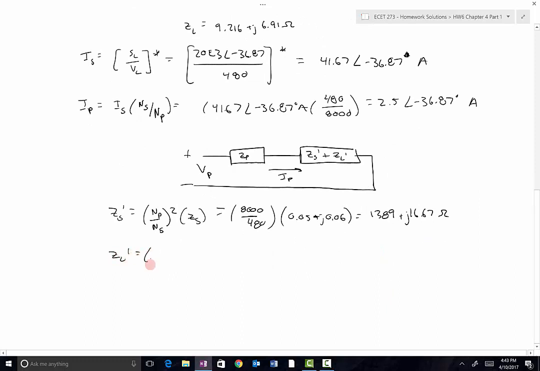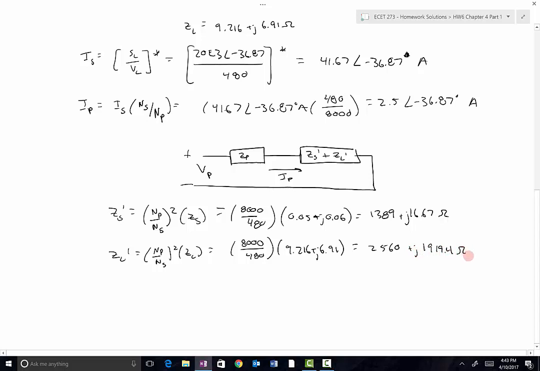ZL prime is going to be NP over NS squared times ZL. So that's 8,000 over 480 squared times that value right there, 9.216 plus J 6.91. And so that gives me 2,560 plus J 1919.4 ohms.